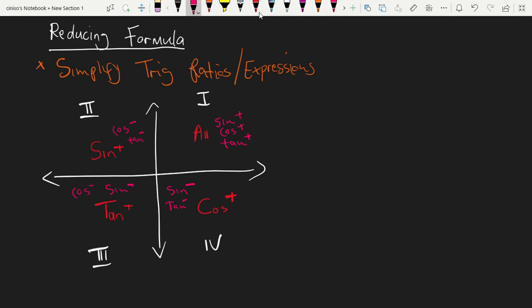You must be able to identify angles in each quadrant. So let's look at this first quadrant. We have 0 and 90 degrees in the first quadrant, meaning that the angles that lie in the first quadrant are 90 degrees minus theta.